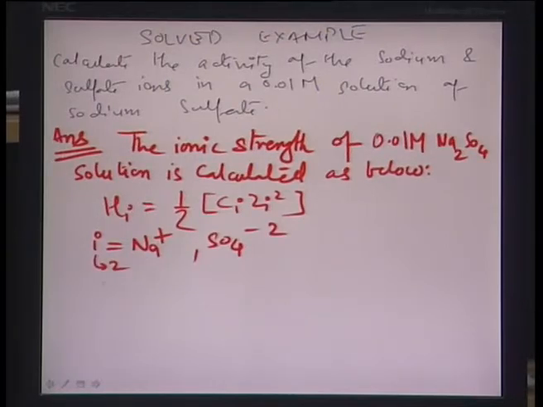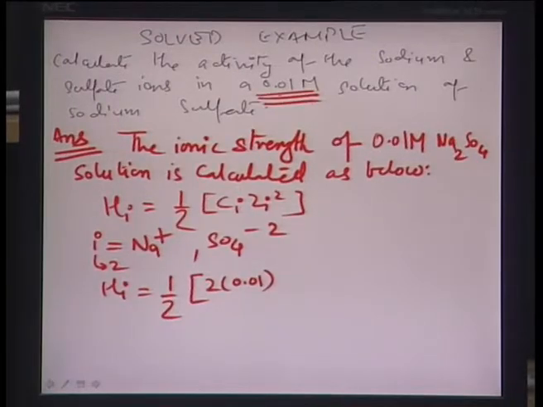So, mu I in this case would be half of the concentration of Na plus, which is essentially 0.02 molar, so 2 into 0.01. The sodium sulphate solution has a molarity, mind you, of 0.01. There are 2 sodium ions in every molecule of Na2SO4, and so the overall molarity of Na plus is 0.02 molar.